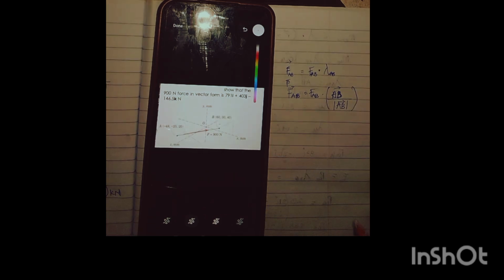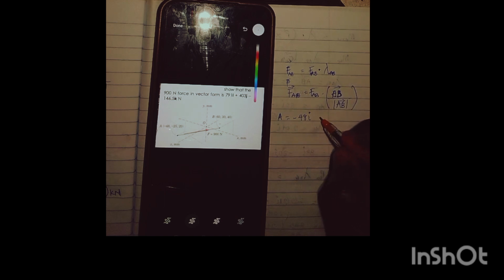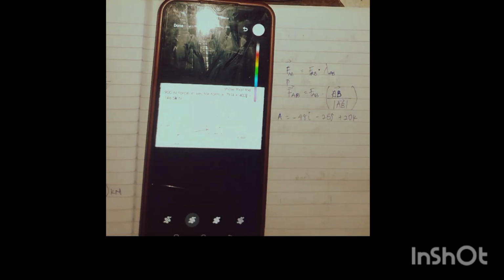So, as you can see, according to this point A here, we're already given that it is minus 48. So let's write it out in vector notation. Point A is equal to minus 48 in i direction, minus 25 in j direction, and positive 20 in k direction, as you can see. So from here, let's make O our center.